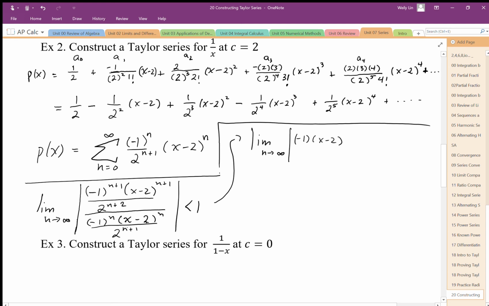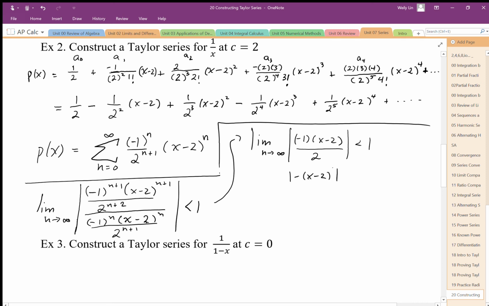Here I'm going to have 2 to the n plus 1 in the numerator, 2 to the n plus 2 in the denominator. So I'm going to end up with an extra 2 in the denominator. And then it looks like that. Okay, so there it is. I've got rid of all my n's, so I can evaluate my limit. So I'm going to end up with negative (x minus 2) over 2.